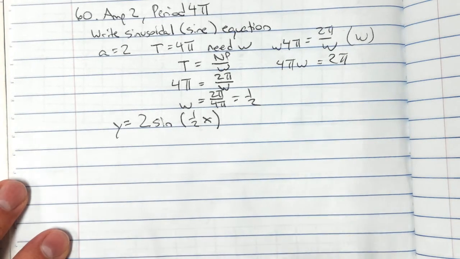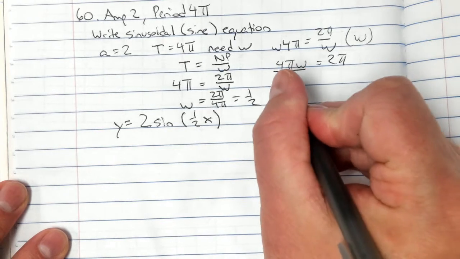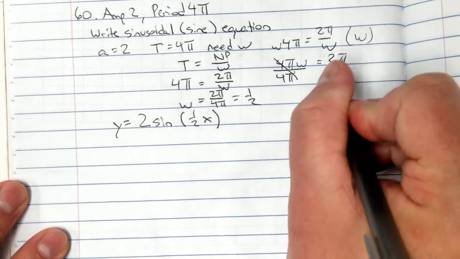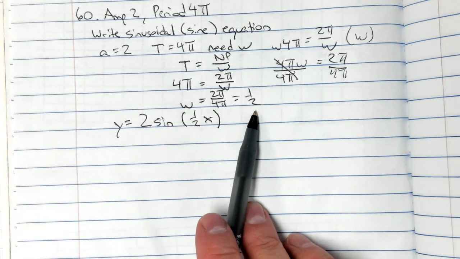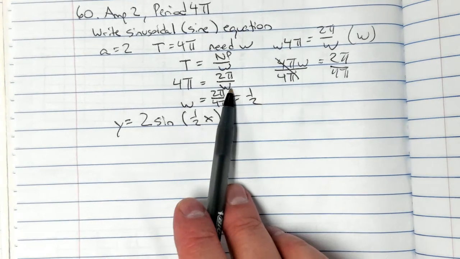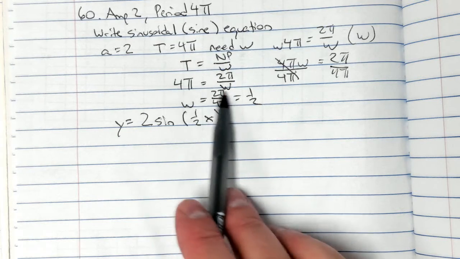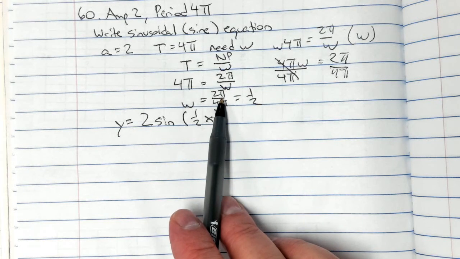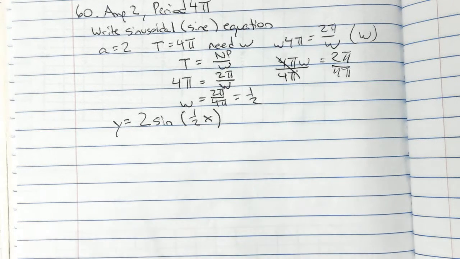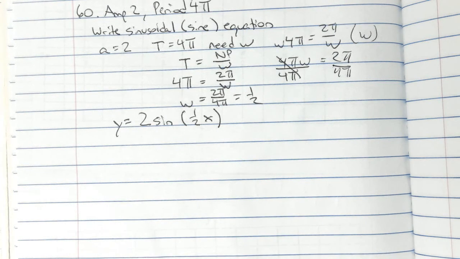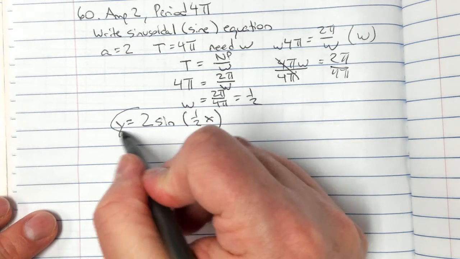Yeah. Okay, so now we want to divide by 4 pi to cancel it. So then that turns into a half. Basically, whenever you have your variables on bottom, these things end up switching places. Because you're going to multiply by w and then divide by 4 pi. Okay, good. So this is your answer.